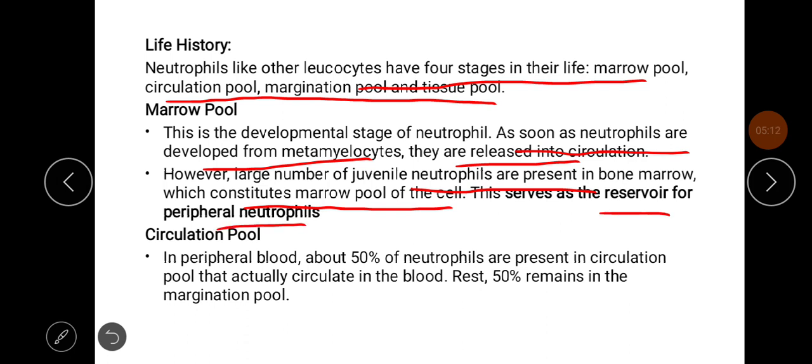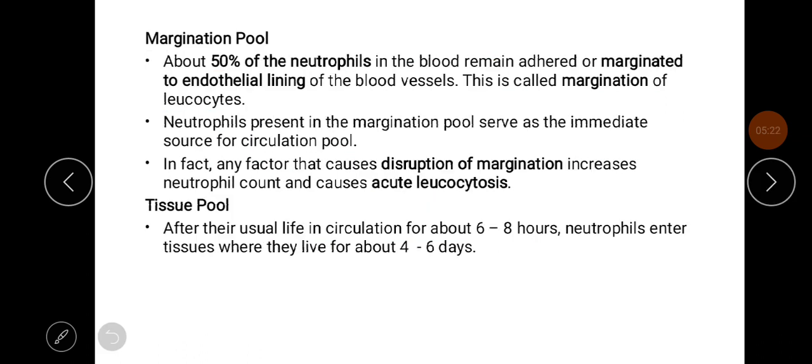Circulation phase: 50% of the neutrophils are present in the circulation pool and actually circulate in the blood. The rest 50% remain in the margination pool, adhered to the endothelial lining of the blood vessels. This is called margination of leukocytes.